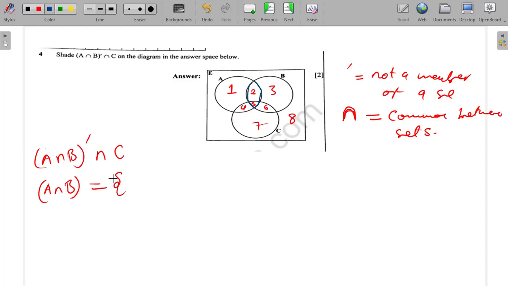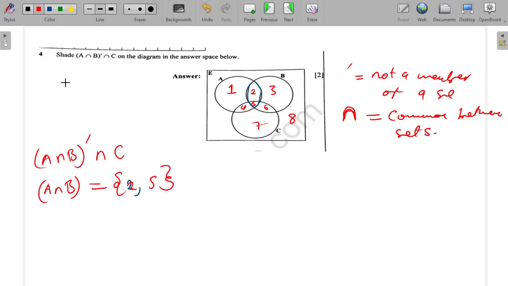So 2 and 5 are the common members of A intersection B.